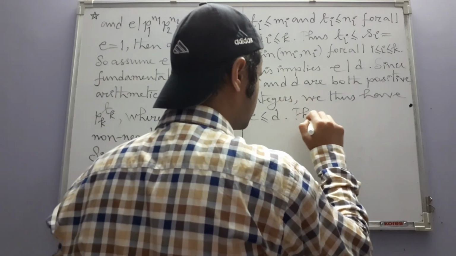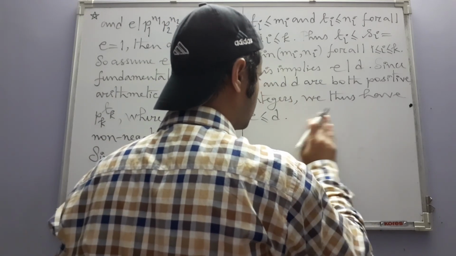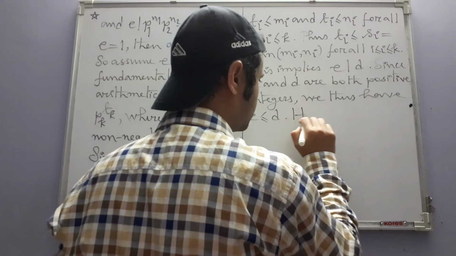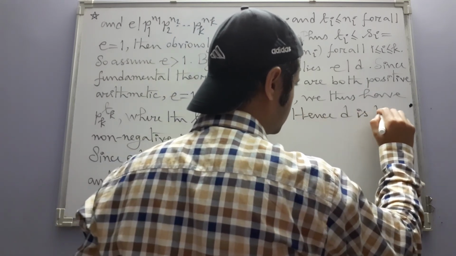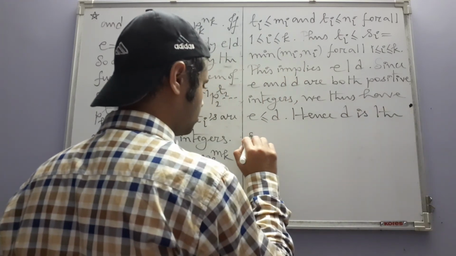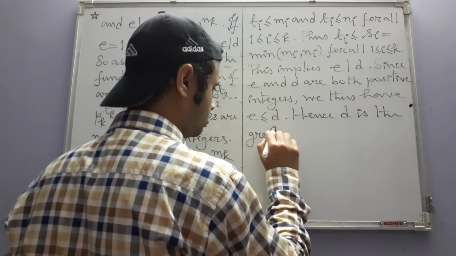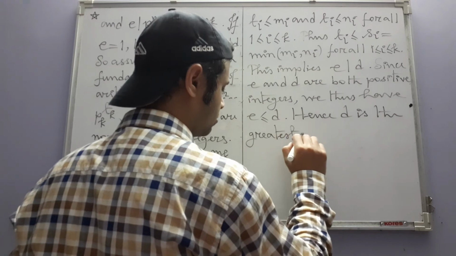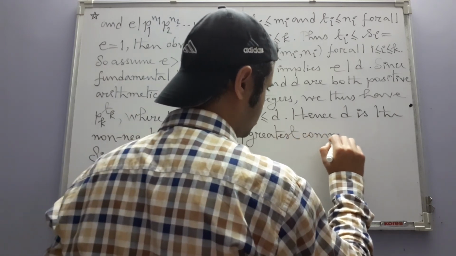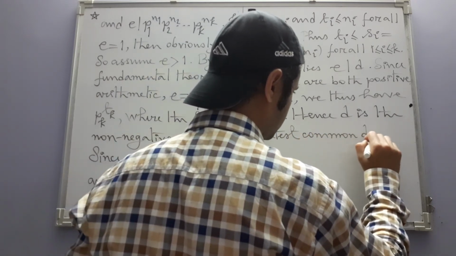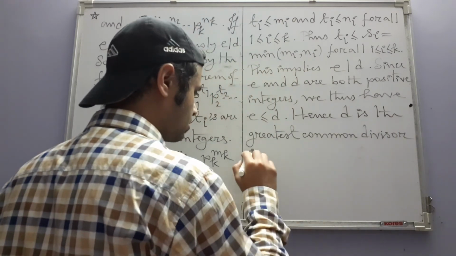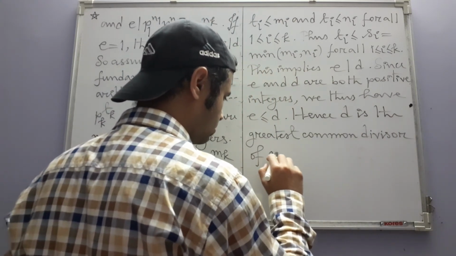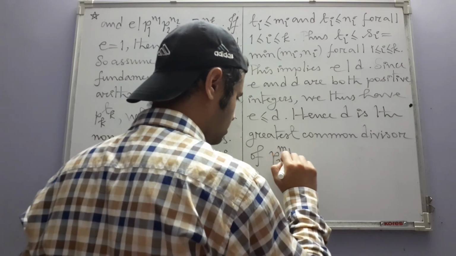Hence D is the greatest common divisor of the given numbers.